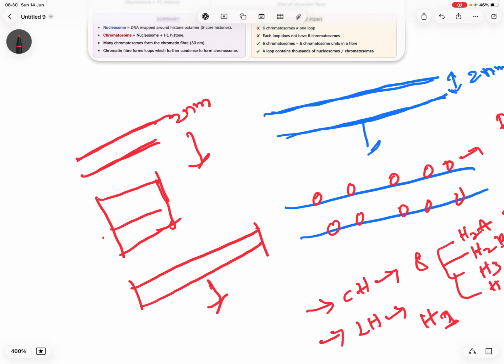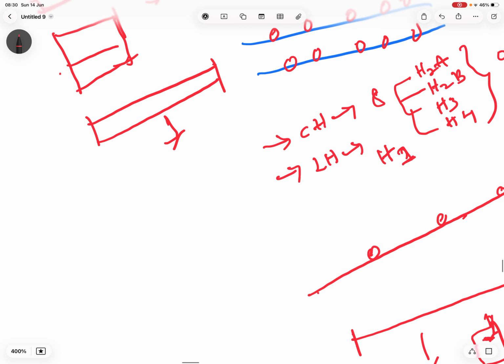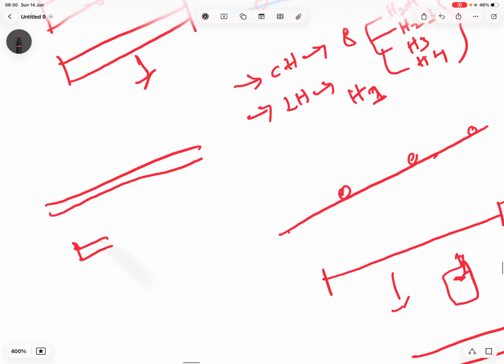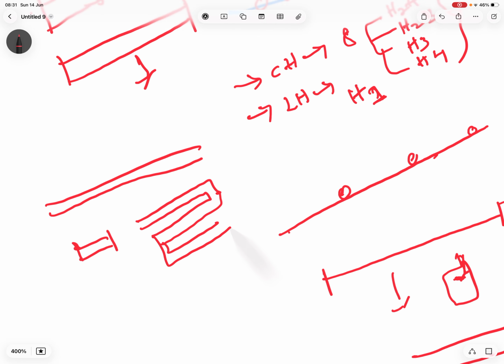How does this very long string become a short one? It is only possible when it folds back like this, making a long strand into a very short, condensed structure.